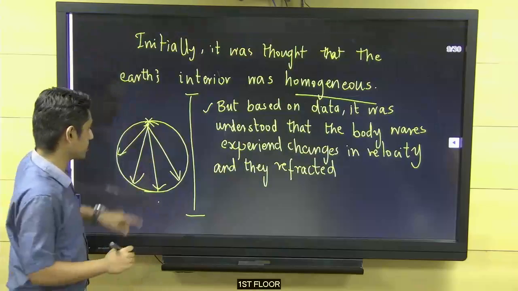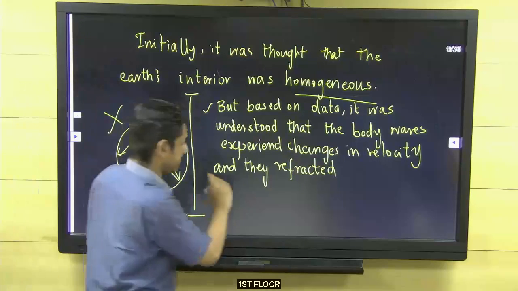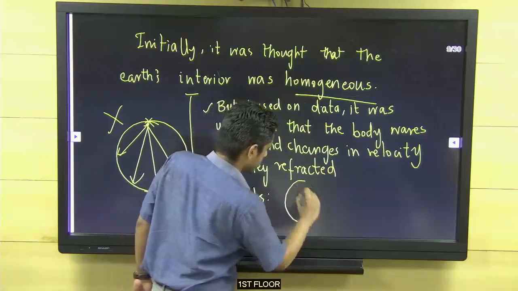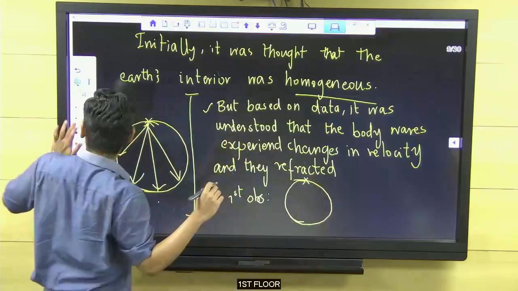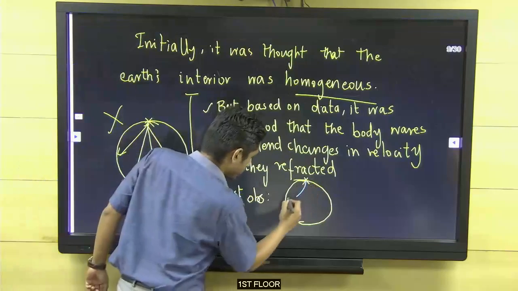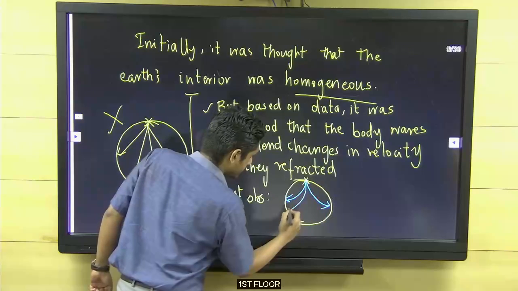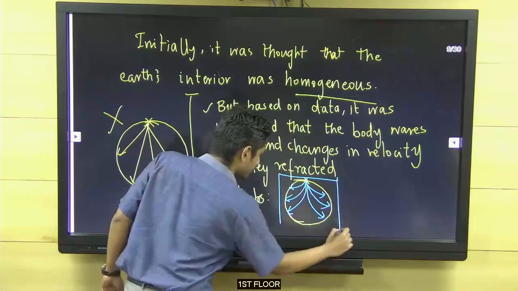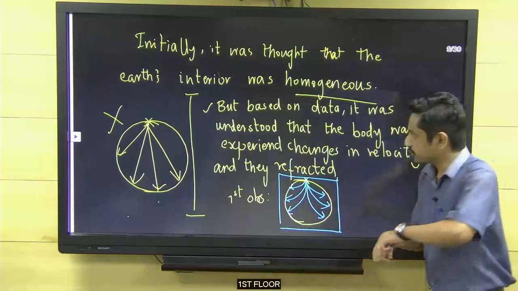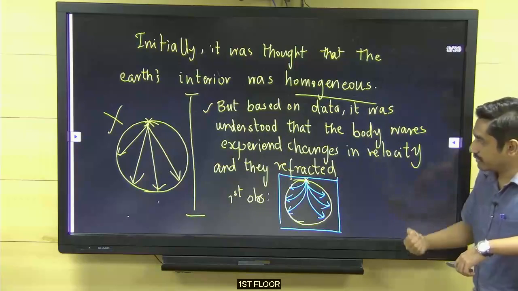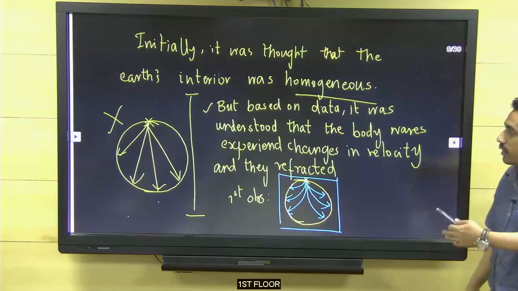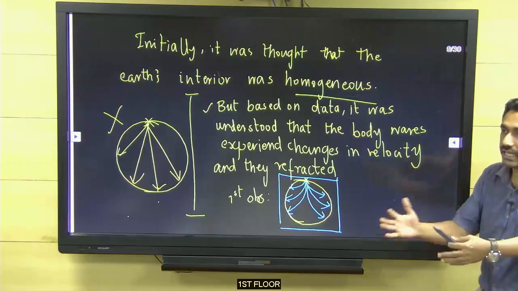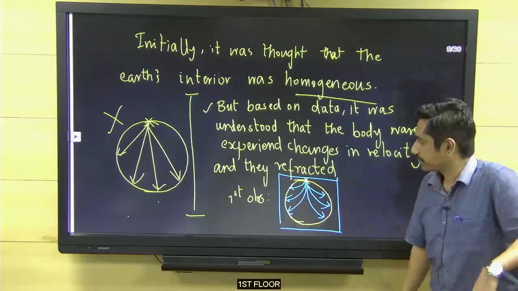This was never observed as straight. The first observation is this: from the point of energy release, waves are moving in refracted paths. Read it again: based on the data, it was understood that the body waves experienced changes in velocity and they refracted. This is my first observation, confirmed by collecting data from several locations in the world.